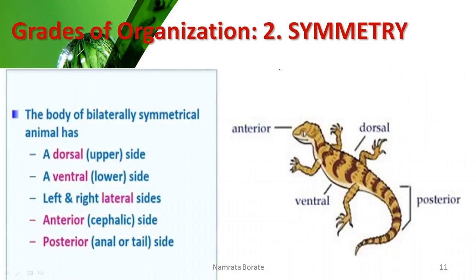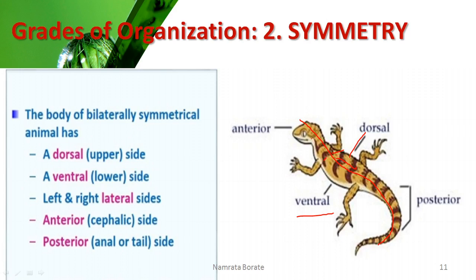The next example we see is this. The body of these animals shows bilateral symmetry because it has an upper side, that is the dorsal side, and a lower side, the ventral side. When this animal is cut in one plane of division, it shows the right side and the left side, that's the right and left lateral sides.